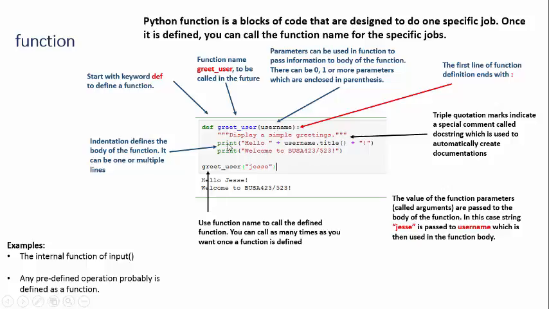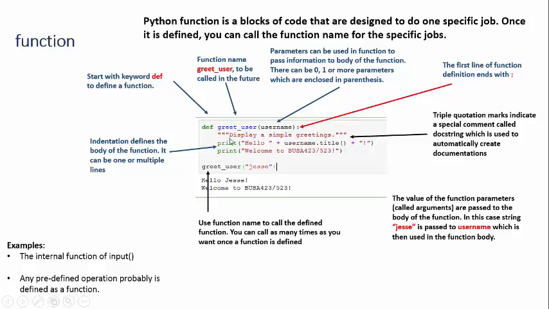For example, in this print statement here, I use the username.title method. We know that it is going to convert whatever string is in username so that the first letter will be capitalized. So that's a very simple function. You defined a very simple function in this particular case. The function name is greet_user.